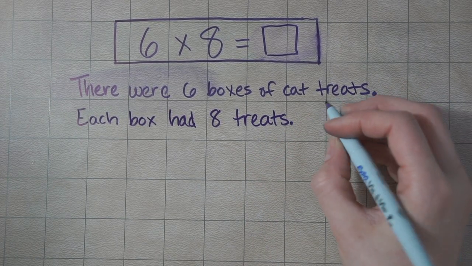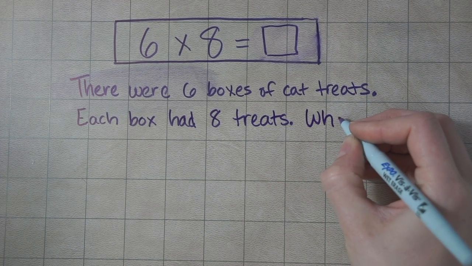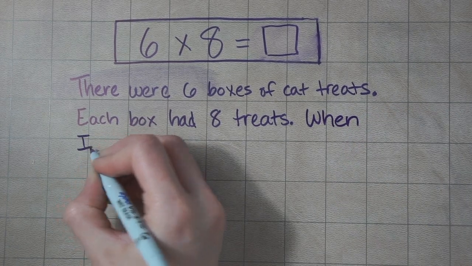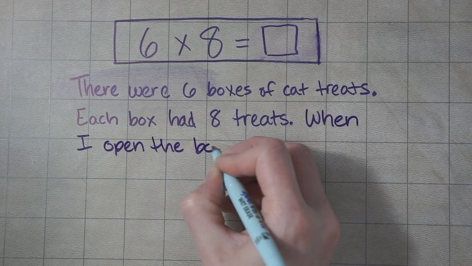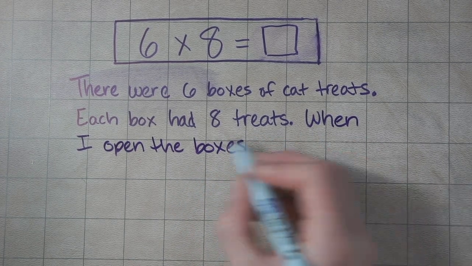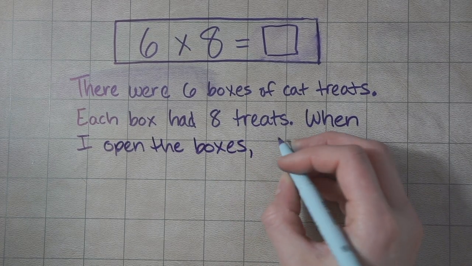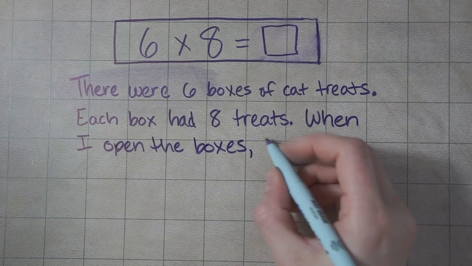How many cat treats were there altogether? I added a little bit more flavor to this last sentence. When I open the boxes, how many cat treats will the kitties have?